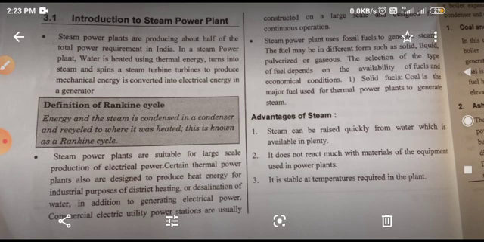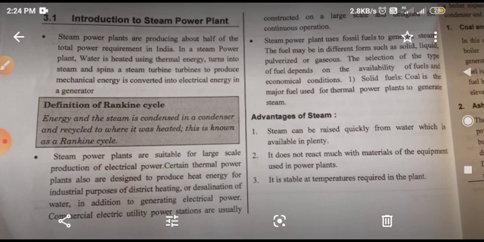Let me remind you that we have seen about 5 to 6 types of boilers. Actually, what is the use of a boiler? It converts liquid water into steam. This is the main purpose of a boiler, to convert the phase of water from liquid to steam, at a very high temperature, up to 500 to 600 degrees Celsius, even more.